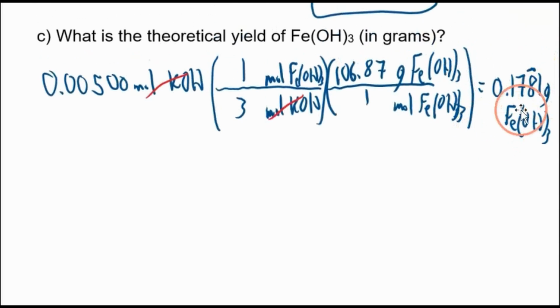This is how much we can theoretically make. We might not make this much, but on paper, if this limiting reactant was consumed completely and reacted fully, we would produce 0.178 grams of iron 3 hydroxide.